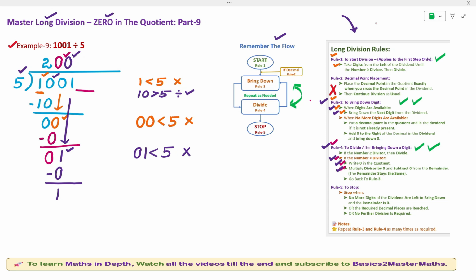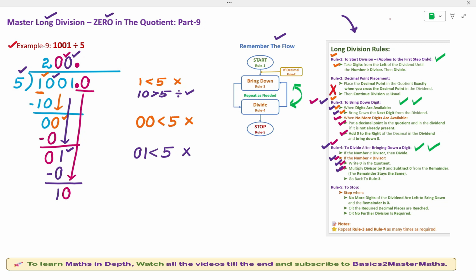Let us apply rule 3 again. When no more digits are available, put a decimal point in the quotient and in the dividend, if it is not already present, then add 0 to the right of the decimal in the dividend and bring down 0.